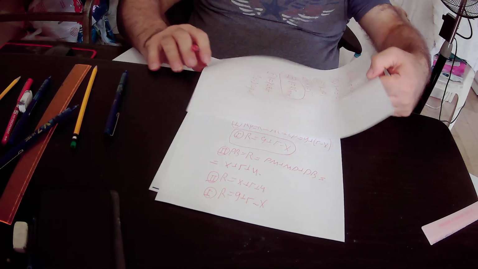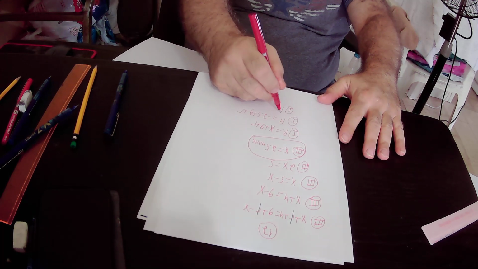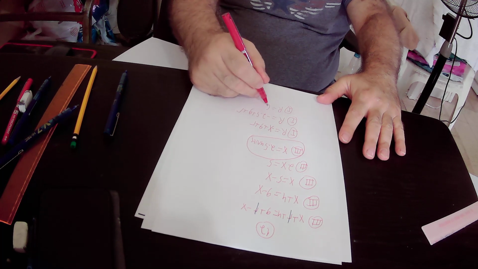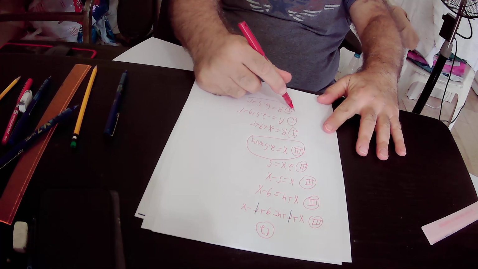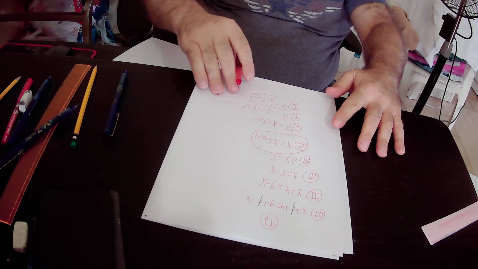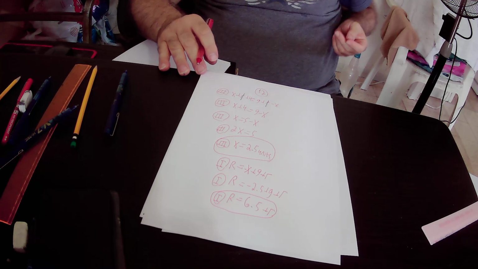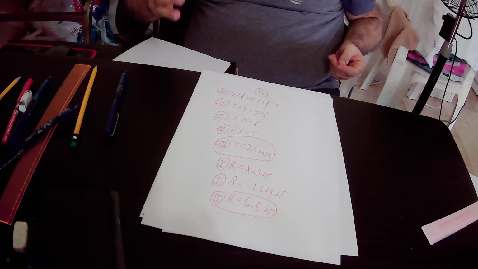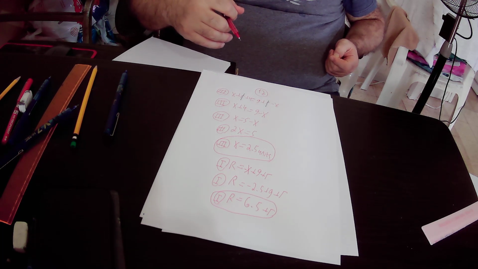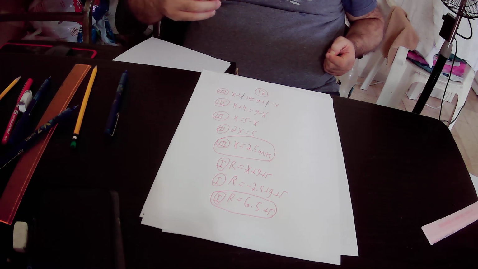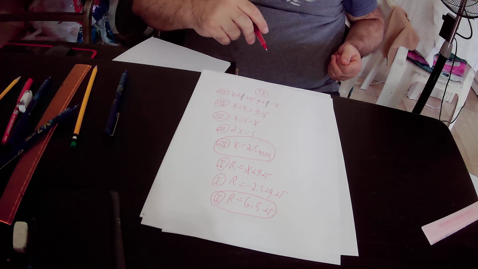So according to equation number 1, the radius of the big circle equals 6.5 plus small r. Or we can say that the radius of the big circle is bigger by 6.5 units than the radius of the small circle, and we know that x equals 2.5 units.